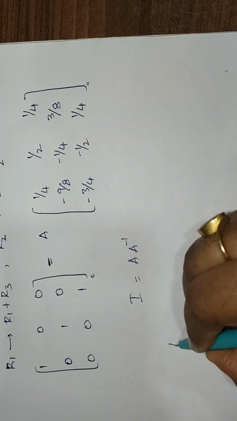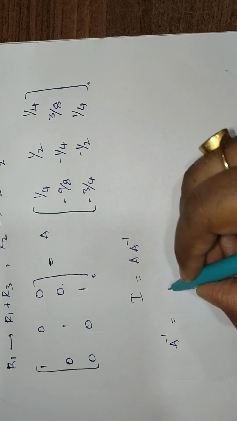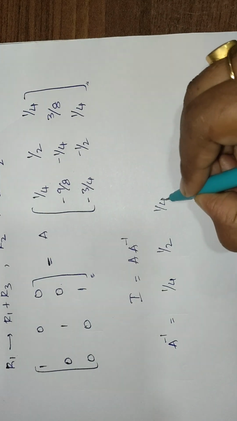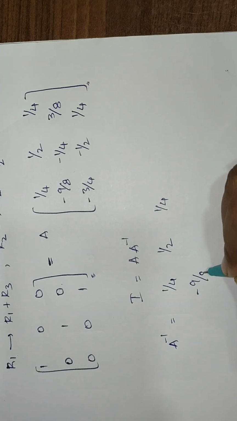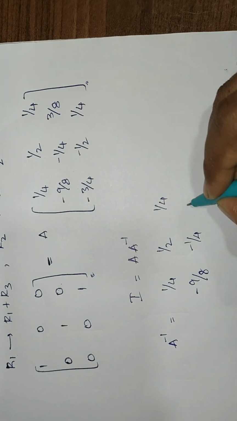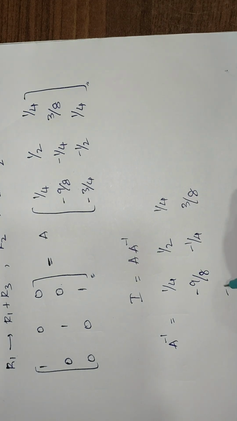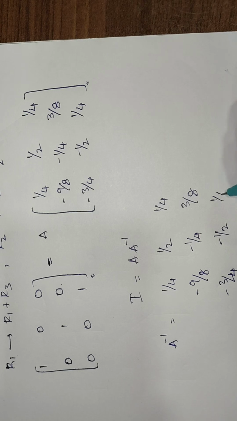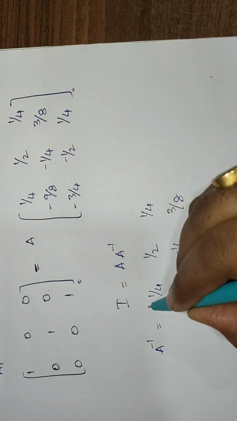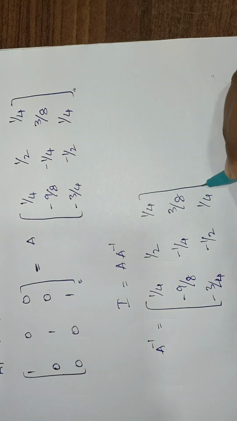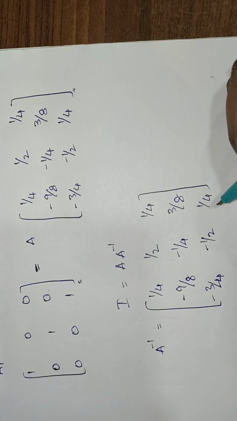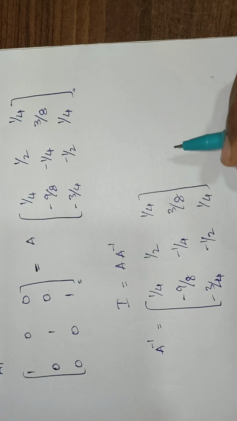Therefore A inverse is equal to 1 by 4, 1 by 2, 1 by 4, minus 9 by 8, minus 1 by 4, 3 by 8, minus 3 by 4, minus 1 by 2, 1 by 4. So this is how you will find the inverse of a matrix, either 2 cross 2 or 3 cross 3, using elementary row operations. Okay, thank you.